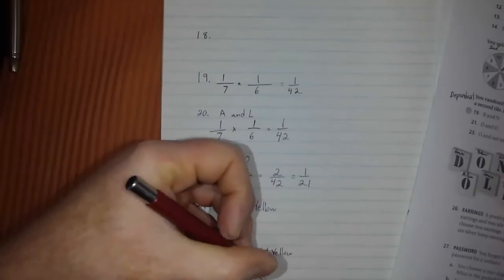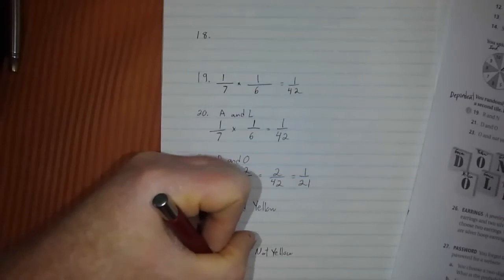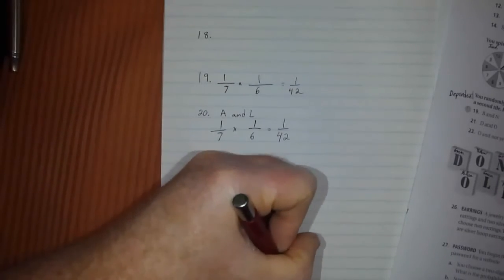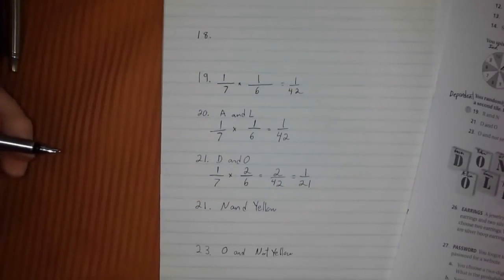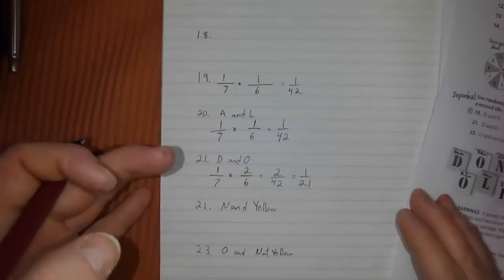Squeeze 24 right down at the bottom here. What would be the possibility of drawing not an O and then an O? Okay, I want you to skip number 25.